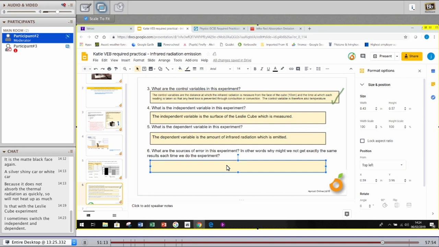Okay, so what are the sources of error in this experiment? In other words, why might we not get exactly the same results each time we do this experiment?